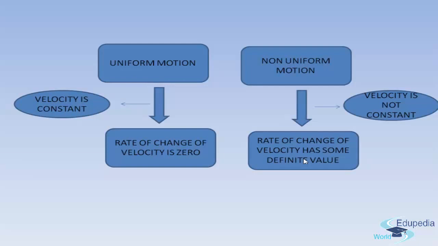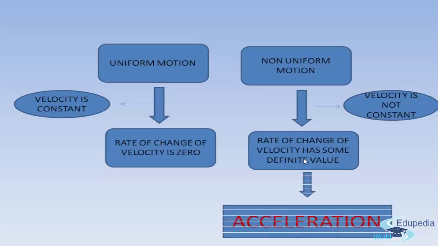Now, over here, we can define this rate of change of velocity by a term which is known as acceleration, right? We're going to discuss what is acceleration, but let me first explain it in very simple words. Let's say there is a body, a car or a person or a truck or anything, and this particular body is moving with unequal distances in equal intervals of time.